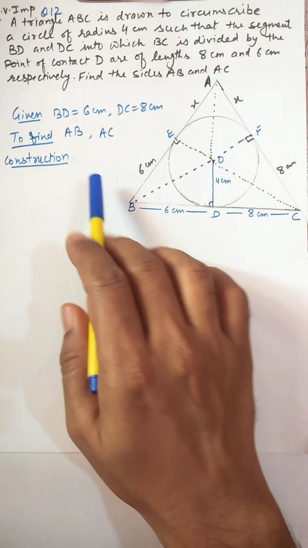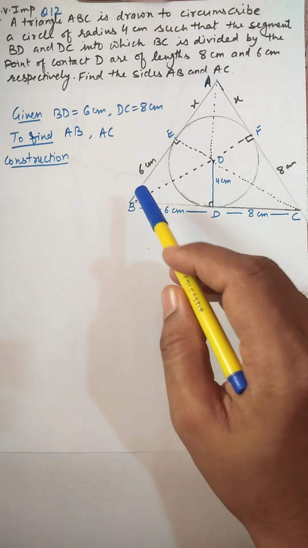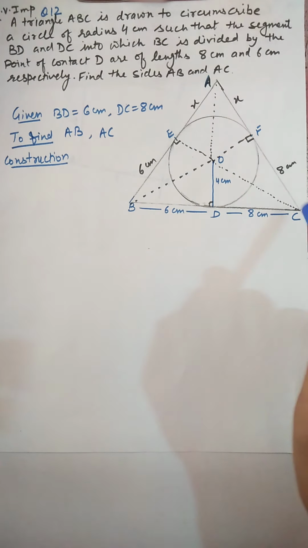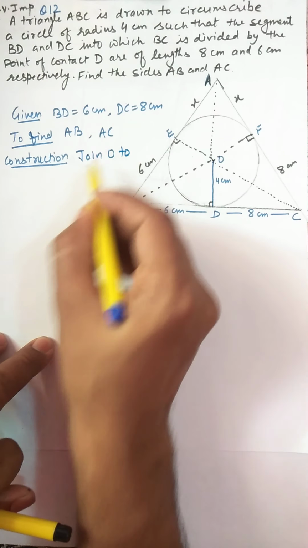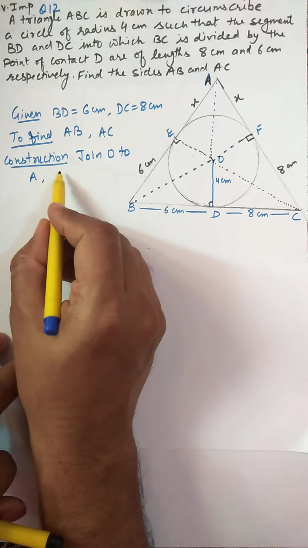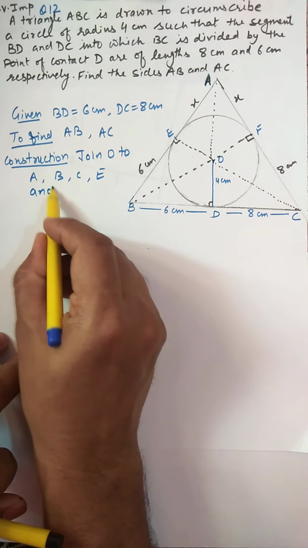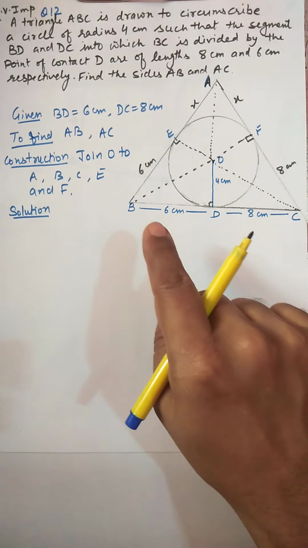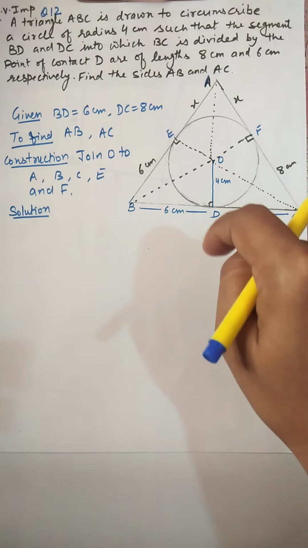We can do one construction. We have to do construction in this question. You see we have joined O to B, O to A, O to E, O to F and O to C. So we write this: join O to A, B, C, E and F. This is your construction, and here it's very important to note one important thing, that AD is not a line segment.